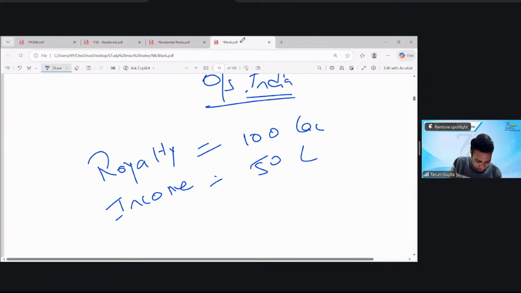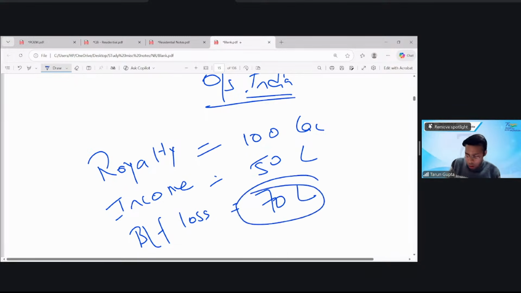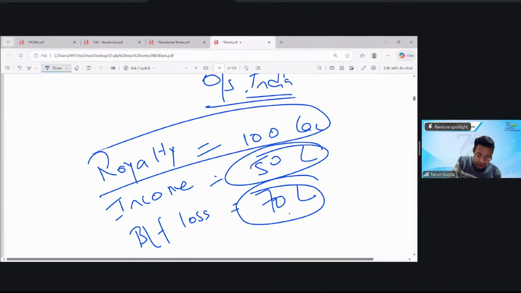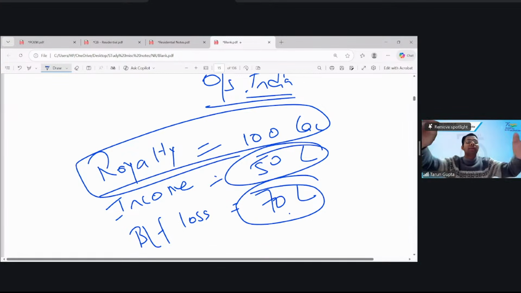And also there are brought forward losses of rupees 70 lakh. Out of these brought forward losses, only 50 lakh can be set off. The remaining 20 lakh cannot be set off against the royalty income because this was anyway taxable.